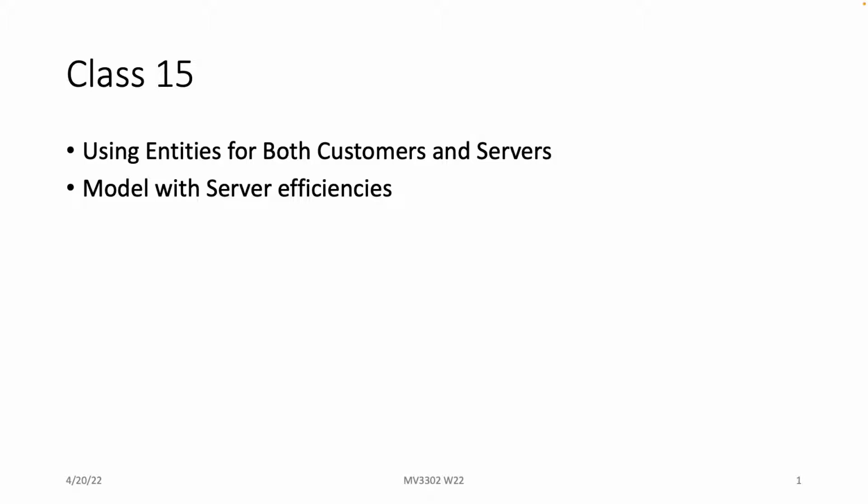But what if we're in a situation where each server is actually a little bit different? That's a little bit closer to the way the situation really is. So if we have various workers, for example, they each have a different level of skill, a different level of training, and that's going to affect the speed with which they can process their tasks.